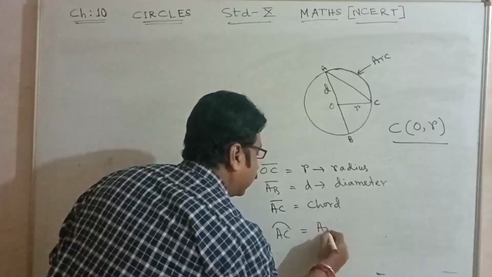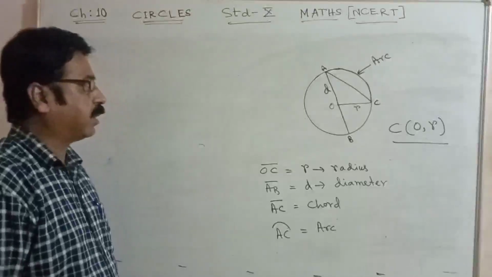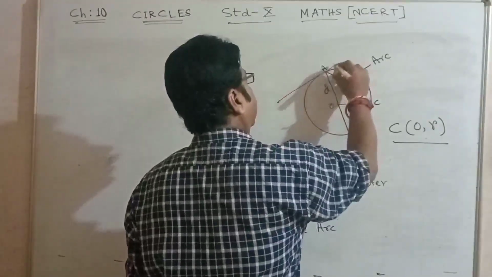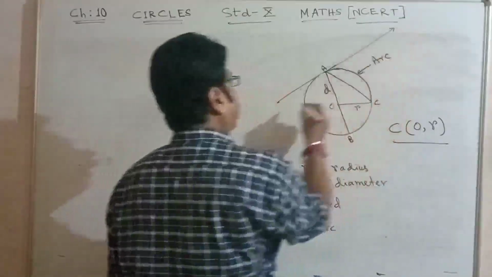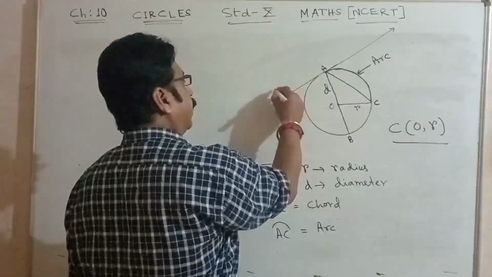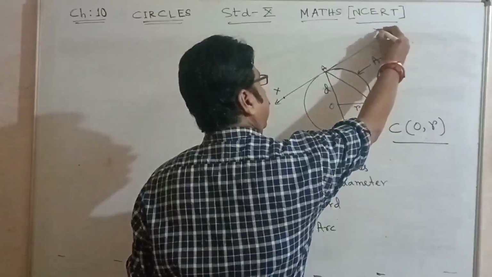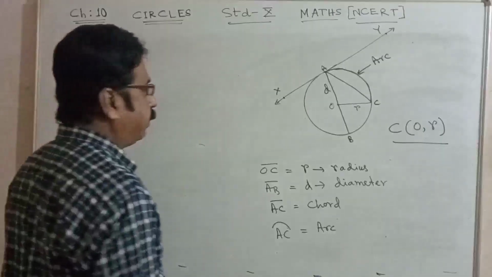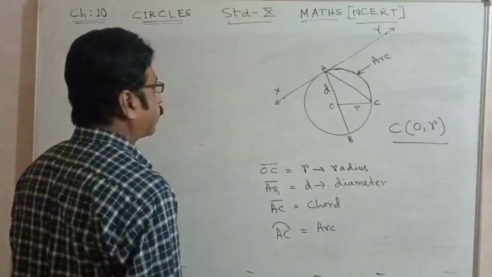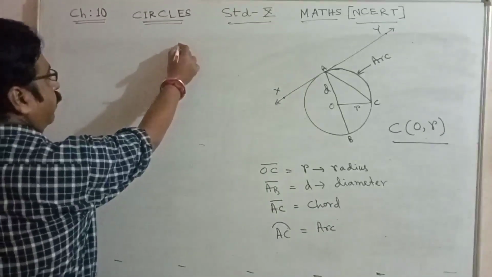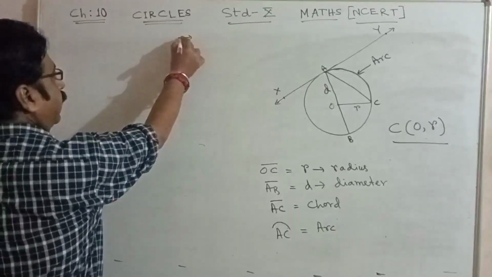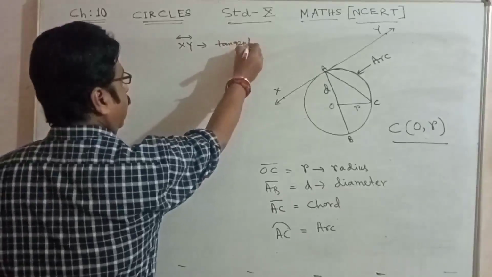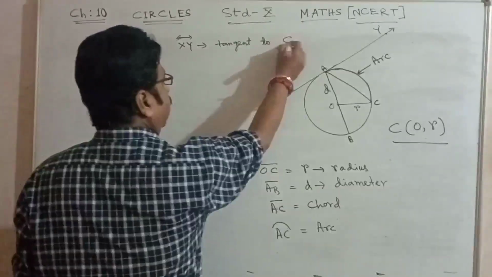It will be the arc of this circle. This XY will be the tangent to the circle. You can write XY tangent to circle (O, R).